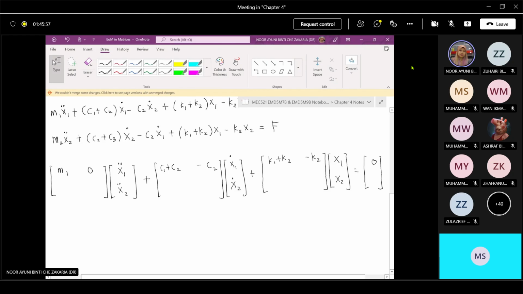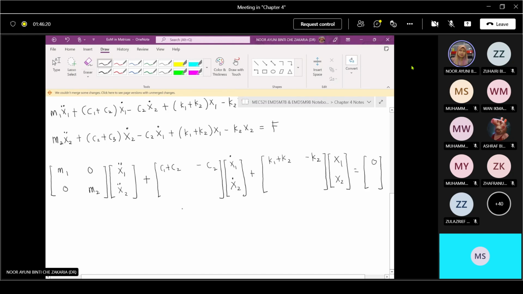For the second equation, we have 0 X1 double dot, but we have a value on X2.